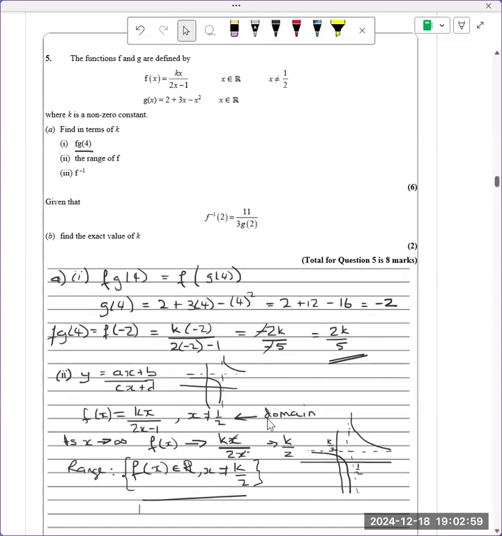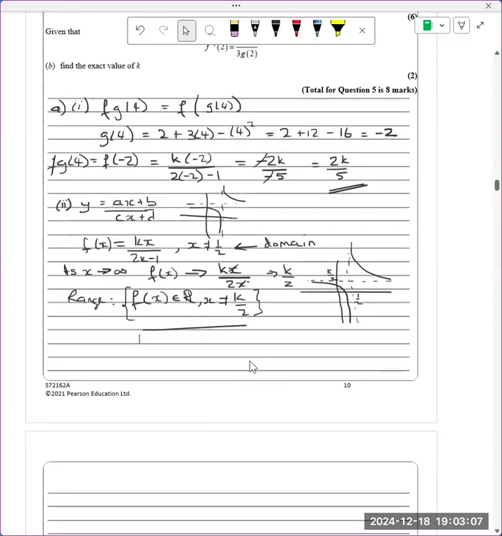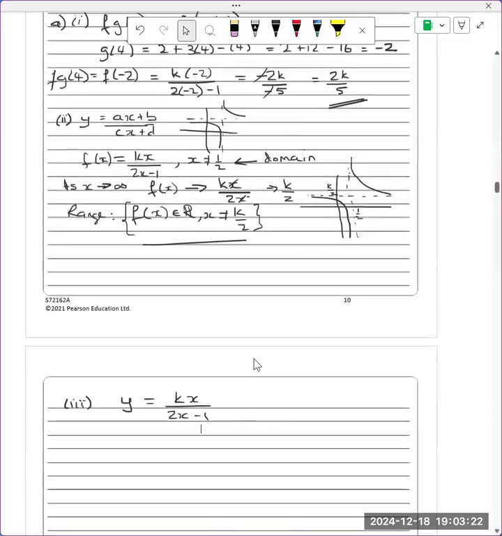And then the third part of the question is find the inverse function. That should have been more successful than it generally was. So for part triple I, there is a caveat to this as well, though. As you know, we do y equals the function kx over 2x minus 1. I'll try and do this a little bit quicker. We need to make x the subject.